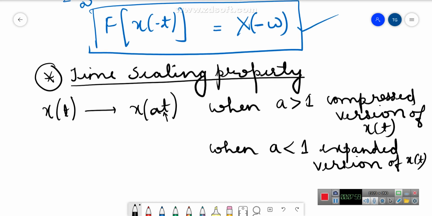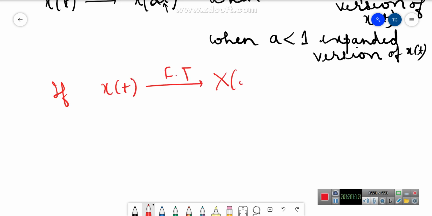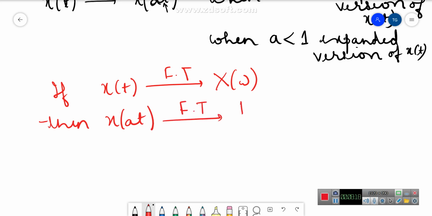So we will see what is the statement for this property. We know if the Fourier transform of x of t is X of omega, then my Fourier transform of x of at will be 1 by mod of a, X of omega by a.